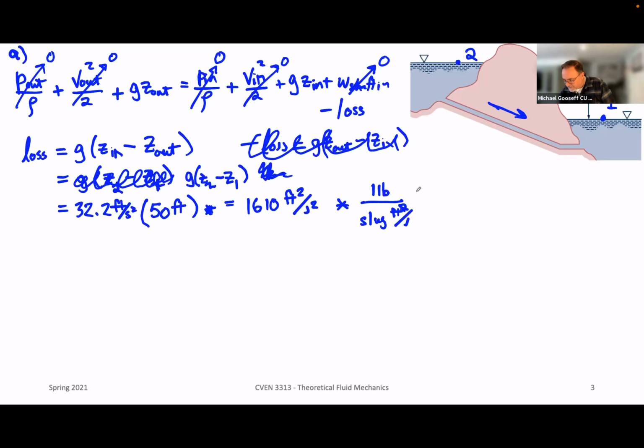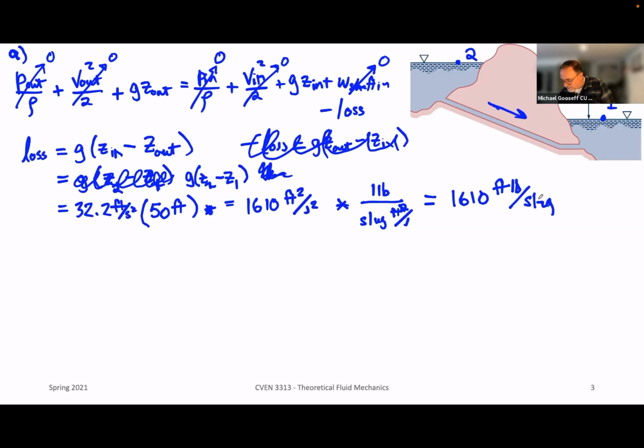I thought I had this worked out, but boy, it doesn't feel like it now. This would just come out to be 1610 foot-pounds per slug.